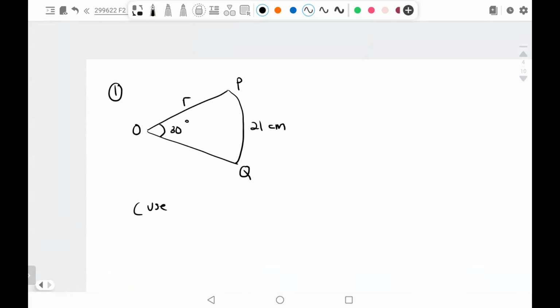Use pi equal to 22/7. Find out the length of the radius. Or sometimes they will just say find out the length of OP. You must know OP is the radius.